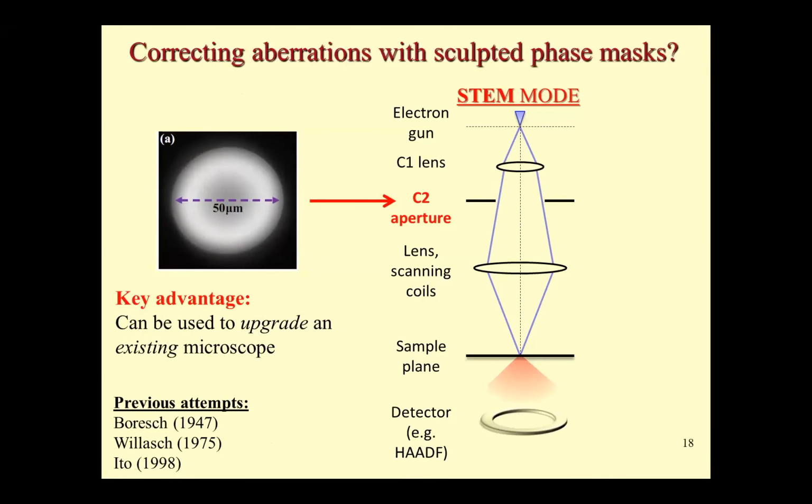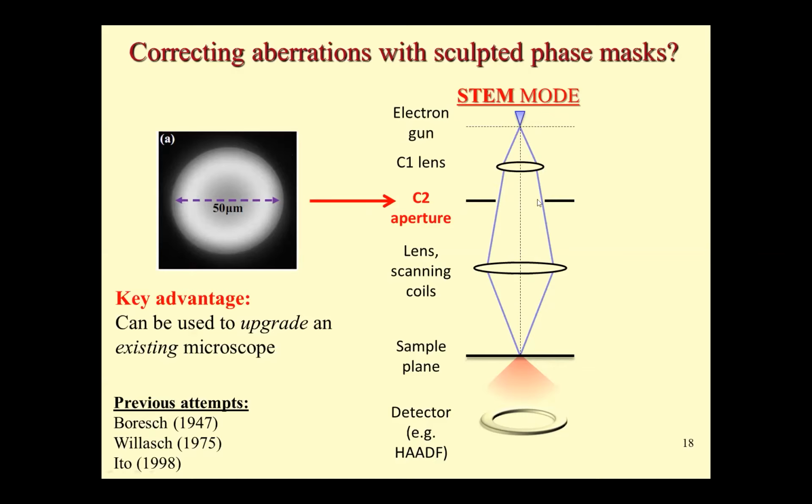Okay, so now let's get back to aberration correction. In fact, the idea is already clear. We know that the magnetic lens is inducing aberrations. So what we want to do is design and fabricate a phase mask. We are going to insert it into an existing aperture microscope. We don't need any modifications. It's something that is available.